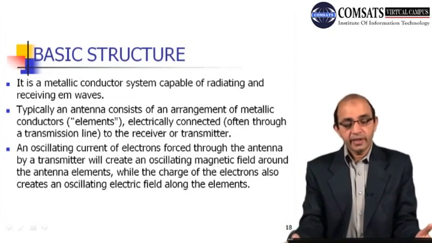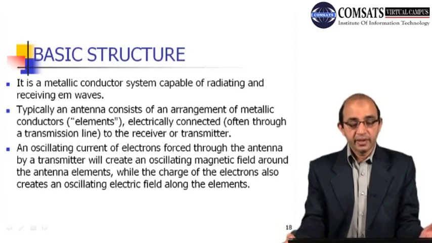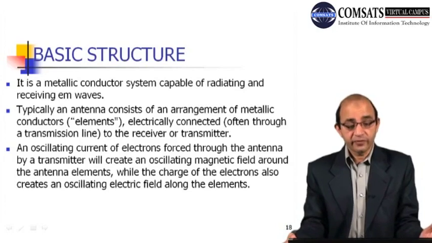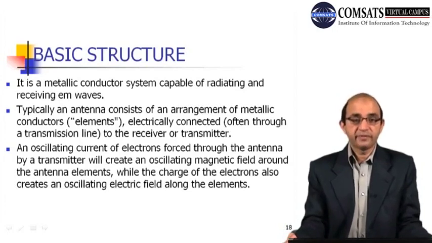In case of the basic structure, it's actually a metallic conductor, and it has the capability of radiating and receiving electromagnetic waves. So an antenna can send electromagnetic waves, and it can also receive the EM waves.